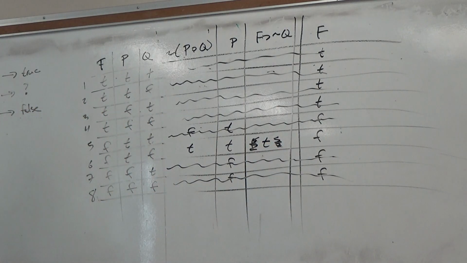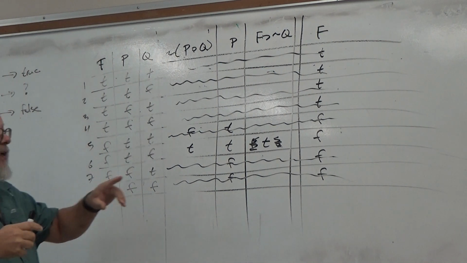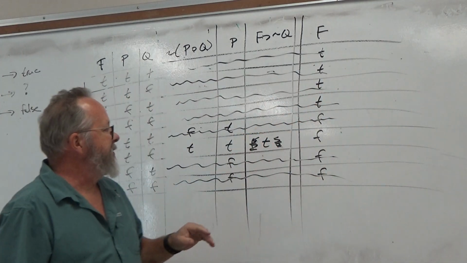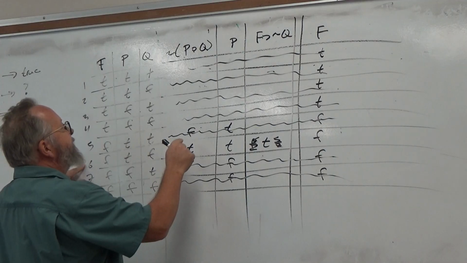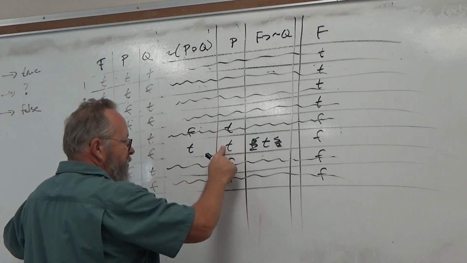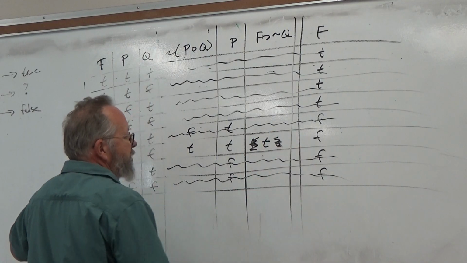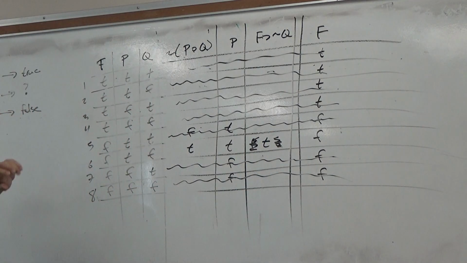Okay, so what does line 6 tell us about this argument? It is what? Valid or invalid? Invalid, right. We were looking for a case where the premises are true and the conclusion is false. That's invalid. Look, on line 6, premise 1 is true, premise 2 is true, premise 3 is true, all the premises are true, but the conclusion is false. So what we would say is this argument is invalid on line 6.